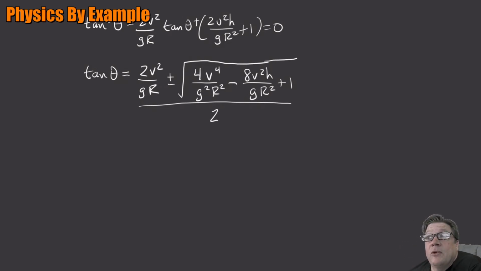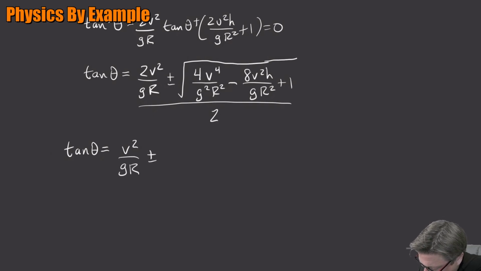Well, we're almost home, right? So tangent theta, the tangent of the angle we're interested in, is going to be, let me distribute that too, v squared over gr plus or minus the square root. Now, when I bring the 2 inside of the square root, it becomes a 4, so that knocks that 4 out.